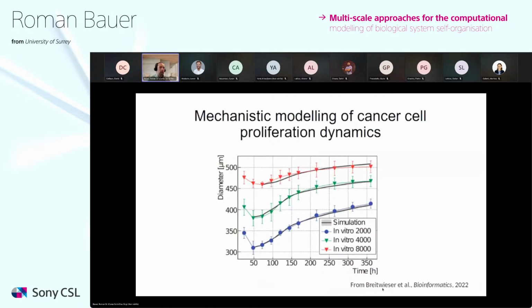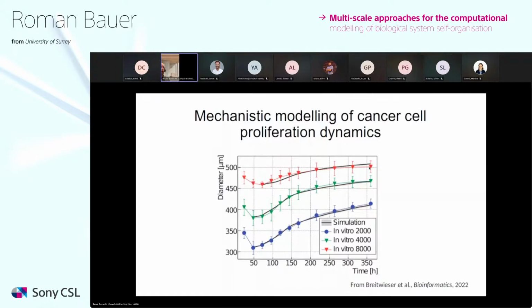Here, for example, in the paper where we present BioDynamo, we also reproduce some experimental measurements of how different types of cancerous systems grow depending on the initial conditions. So the colored sample points indicate experimental results.